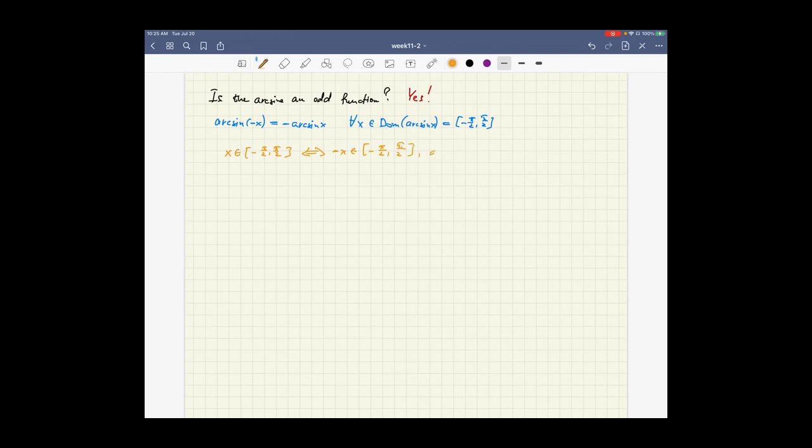And for any such x, sine of arcsine of negative x is of course negative x.